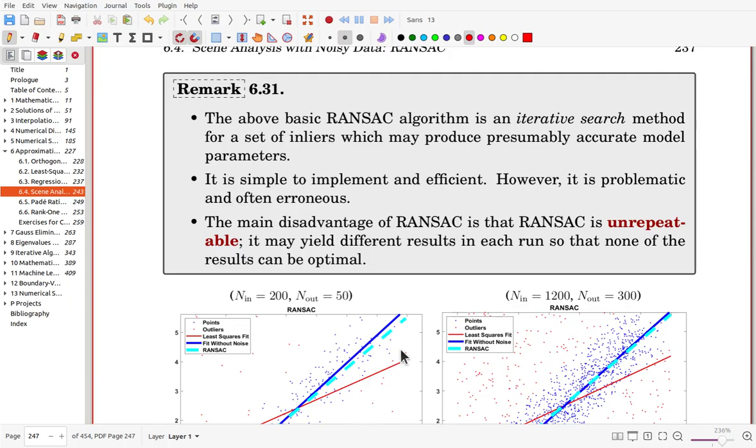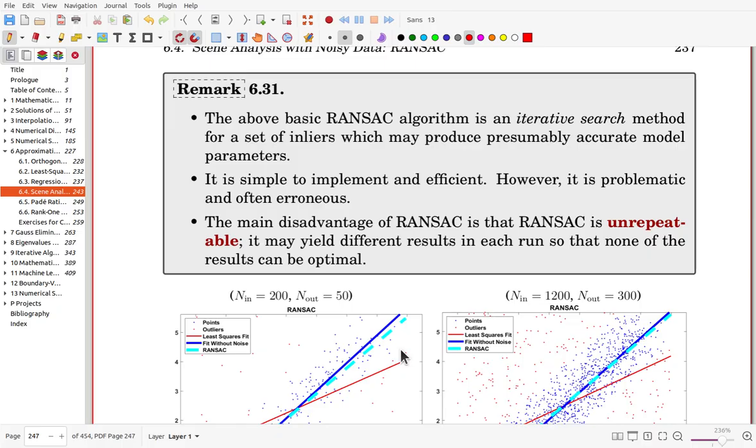RANSAC is based on iterative search, so we repeatedly search, and each search portion is not difficult to implement. So the overall algorithm is quite simple and also efficient.